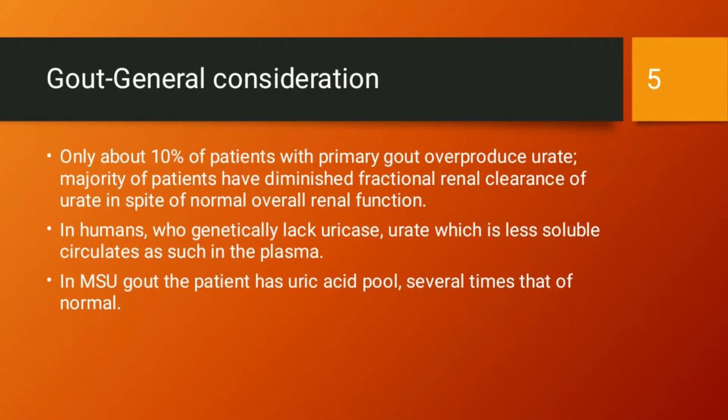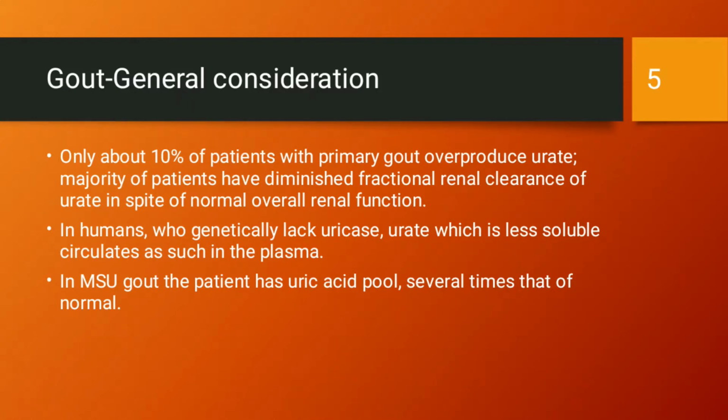Okay, in humans who genetically lack the enzyme uricase, urate, which is less soluble, circulates as such in the plasma. So the enzyme uricase makes this urate more soluble. But if this enzyme is absent for some reason, like a genetic reason, the urate formed after certain metabolic reactions will be less soluble.